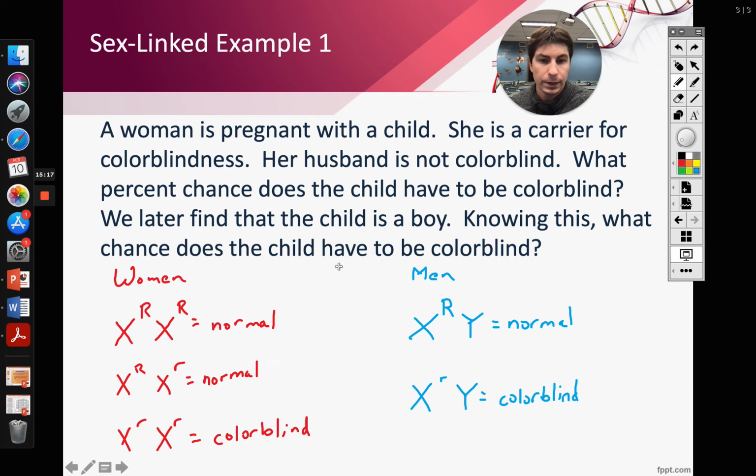Okay? Now let's talk about one more thing. Who made the men colorblind? Well, you have 2 sex chromosomes.